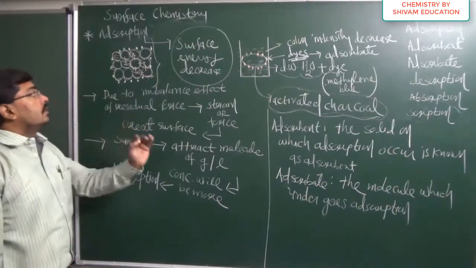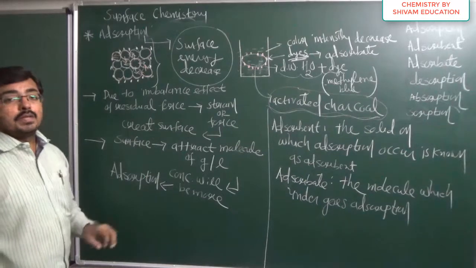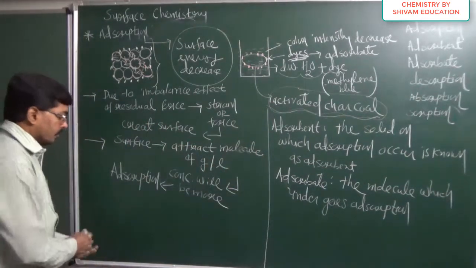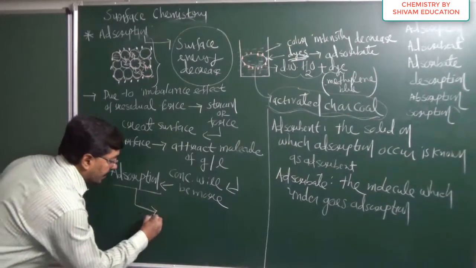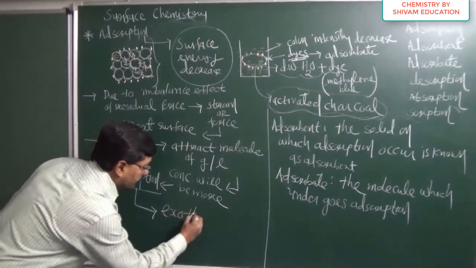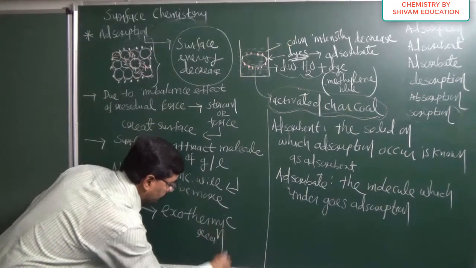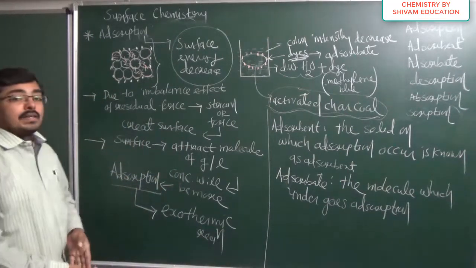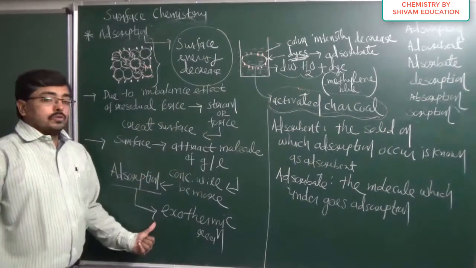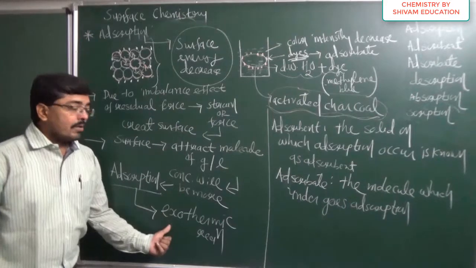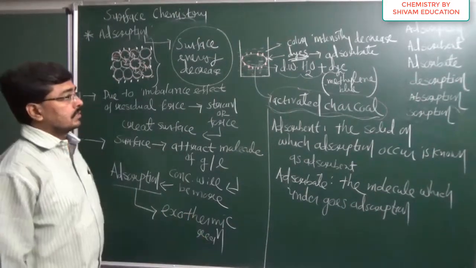So due to the adsorption phenomenon, surface energy will always decrease. So we can say that adsorption is one type of exothermic process, because energy is liberated, its energy is decreasing. You have to keep in mind, adsorption is an exothermic process.